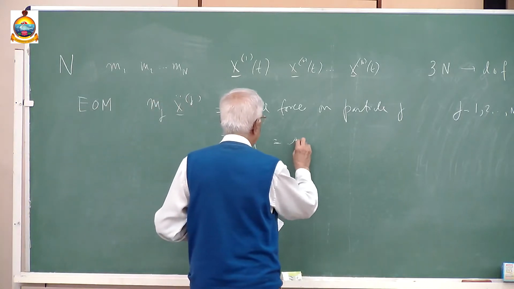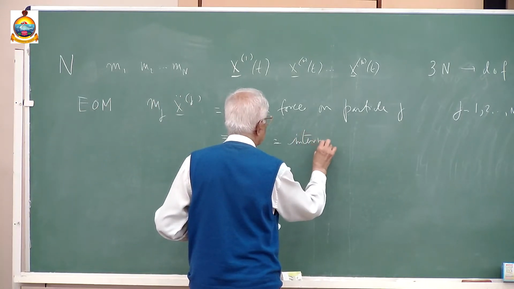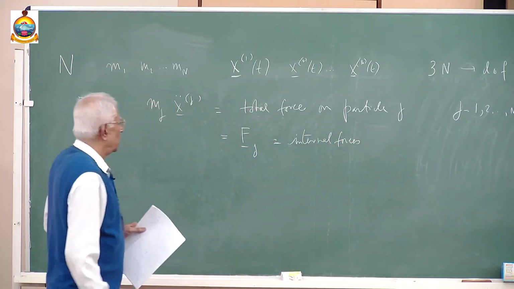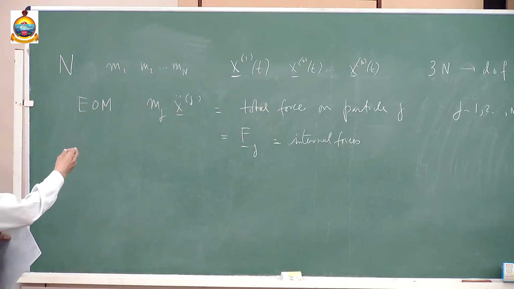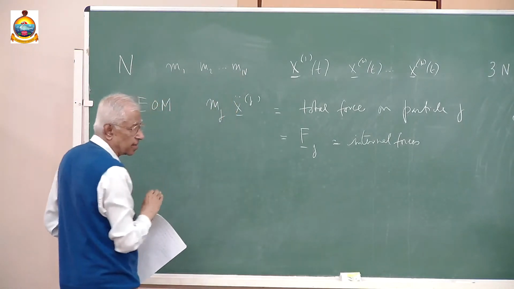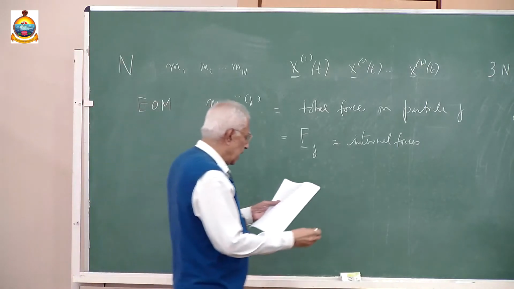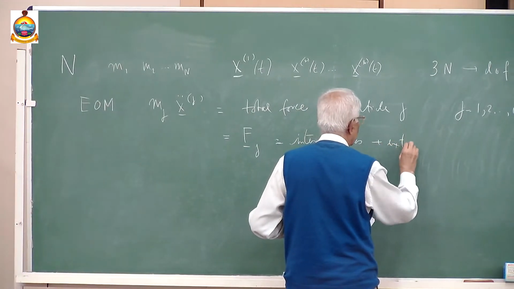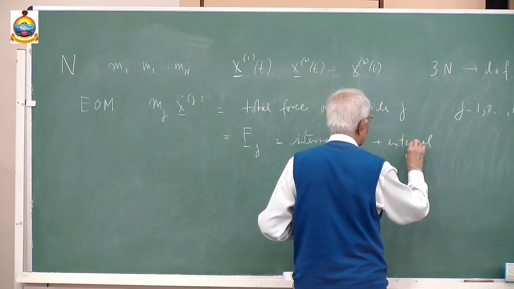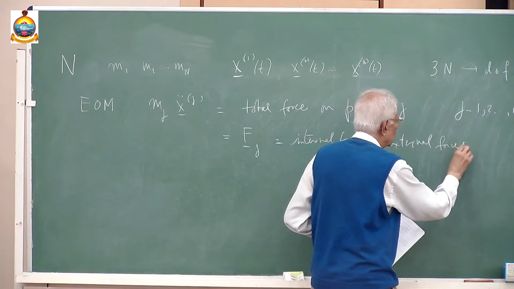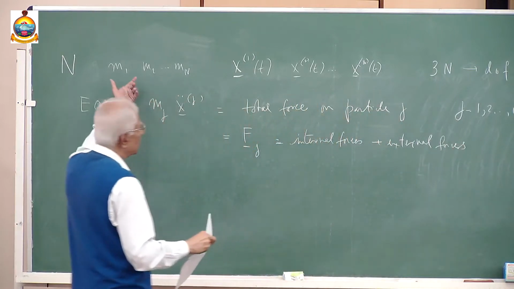One are internal forces, that is forces on particle number j due to other particles in this collection, plus any external forces due to other sources which are not included in this N-body system.